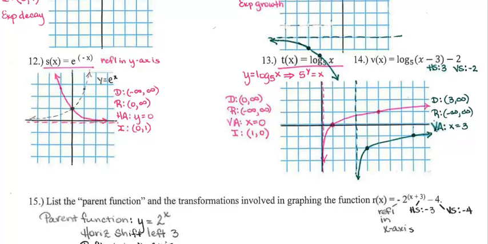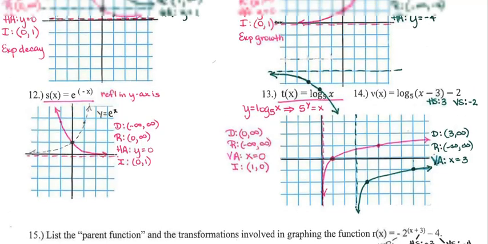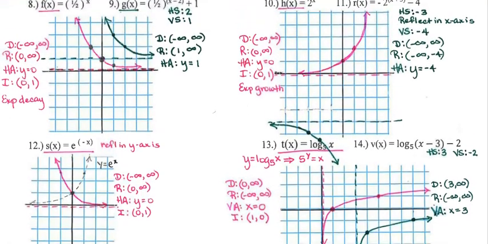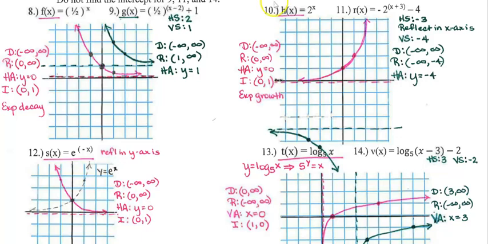All right, then for number 12, they didn't ask me to draw e to the x, but I did just so we would have it as a reference. So if I want to graph y equals e to the x, remember we said up here that if you had a number that was greater than 1, it would have this shape, right? Well, e is 2.7, so that's a number greater than 1, so it's going to have that exact same shape.